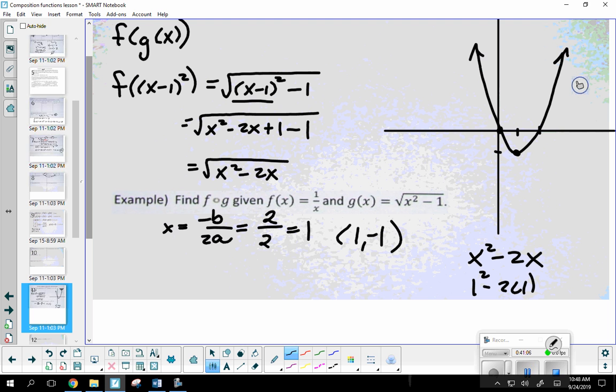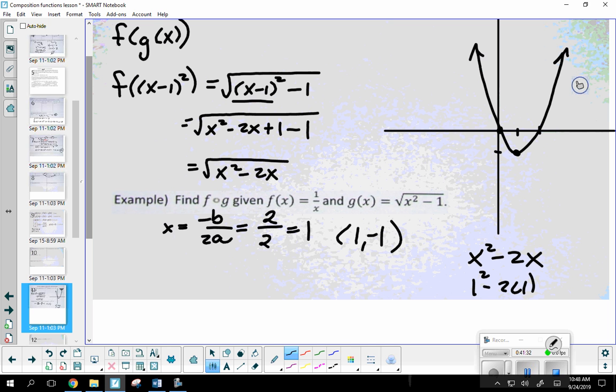Is everybody okay with where we got the 0 and the 2? Or do I need to elaborate? Okay. Now, this is what we're going to contain within the square root. So let's go back to what we just said. We can't take the square root of what? Any negatives. We know they're going to go imaginary, so we're only looking for values of x that are going to give me positive values.